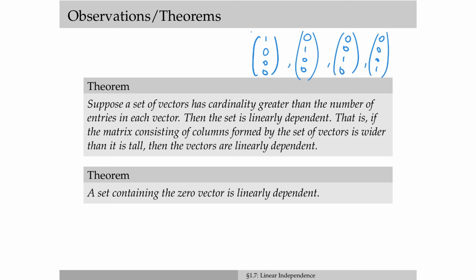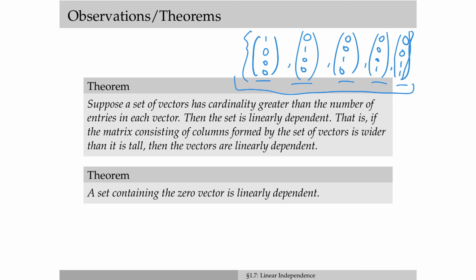Right now, if I were to close this up with another curly brace, that set would be independent. Now let's add 0, 0, 1, 1. Well, I have more vectors than I do entries in any given vector. That forces this set to be dependent.